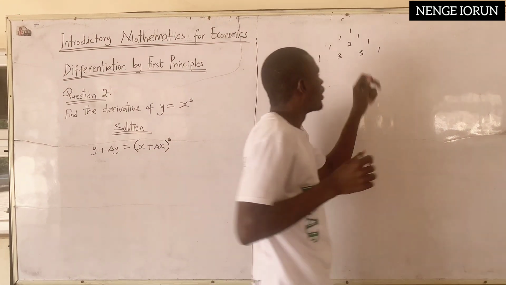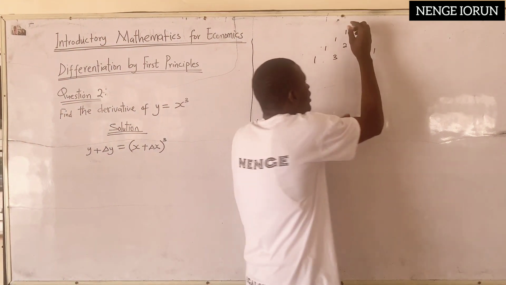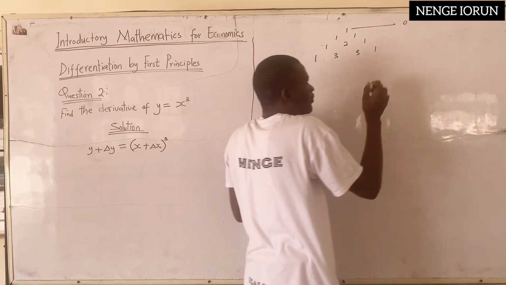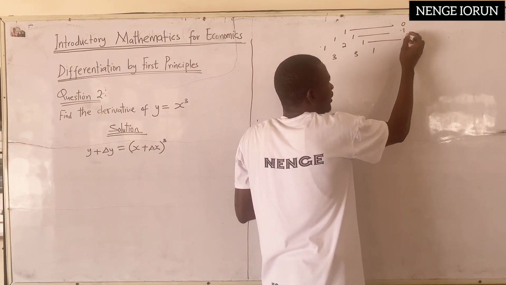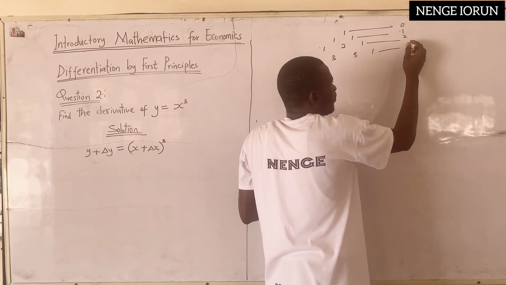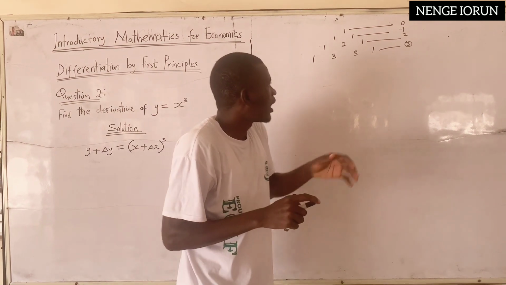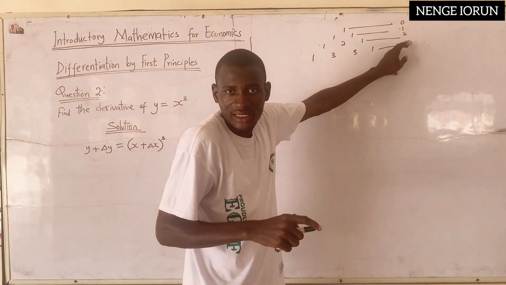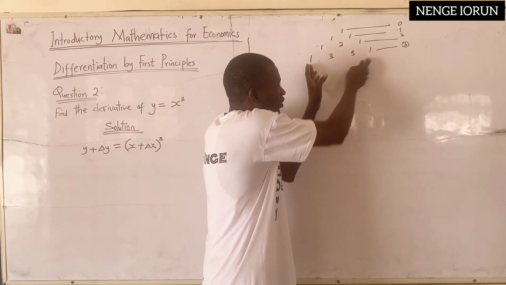So this is just the beginning of Pascal's triangle. This one is when the power is 0, when the power is 1, when the power is 2, and when the power is 3. So now this is our case. The power is 3.